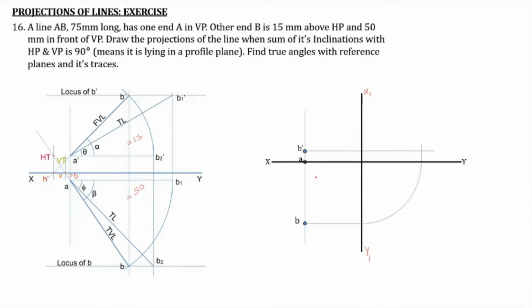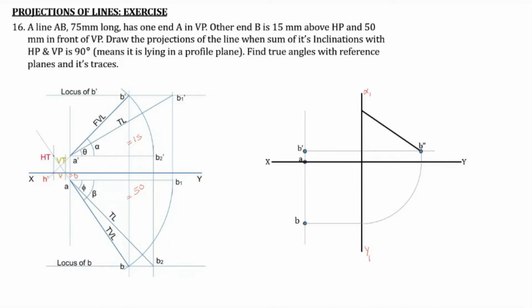So this AB distance is now replicated here. This point is B double dash, that is the side view of the point B. We have already seen how it is drawn. So now this is the point B double dash.